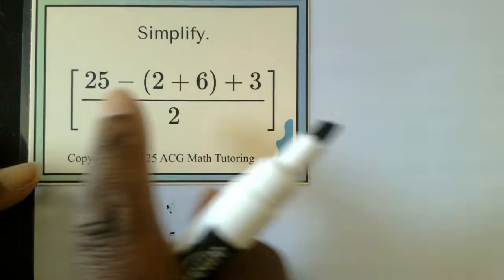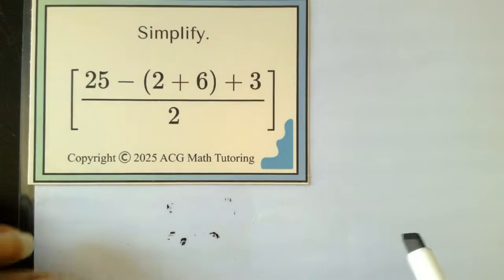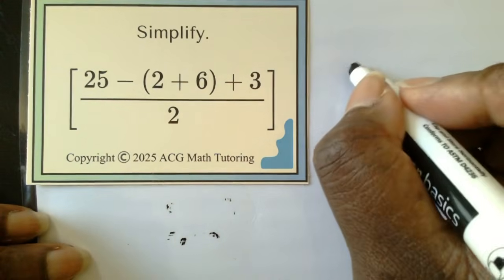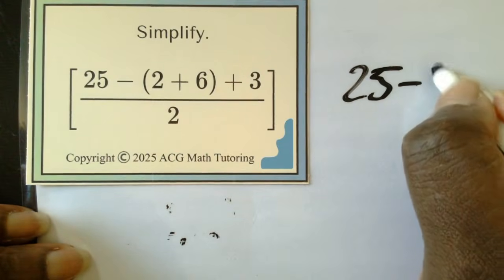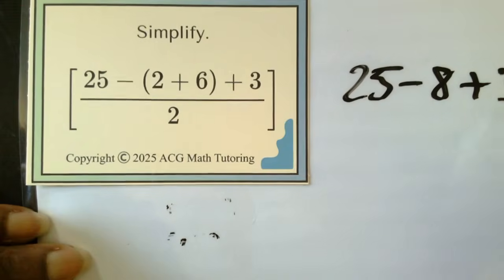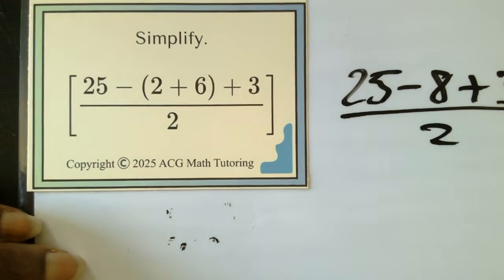Right now, taking a look in the numerator. What we need to do first is what's inside the parenthesis. So we have our 25 minus 6 plus 2 gives me 8, plus 3. And then all of this is over 2.